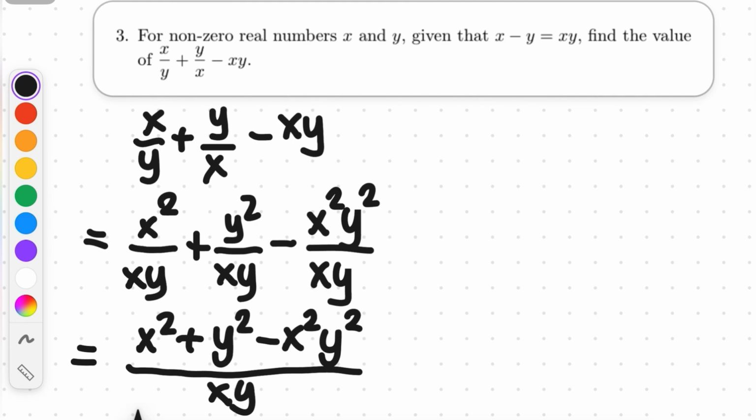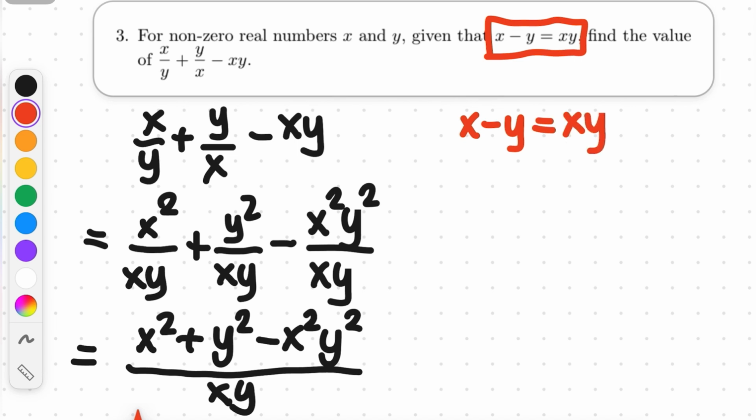Alright, now we turn to the given relation. We're given that x minus y is equal to x times y. Now in the expression that we're trying to evaluate, notice that in the numerator we have x squared y squared and x squared and y squared, which clues us in that we can make all of those terms appear by simply squaring this equation.